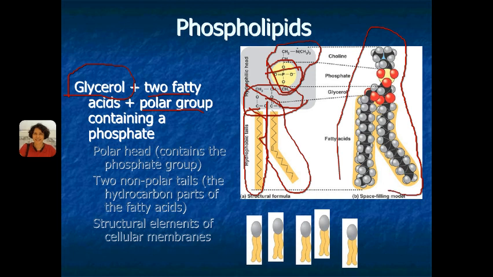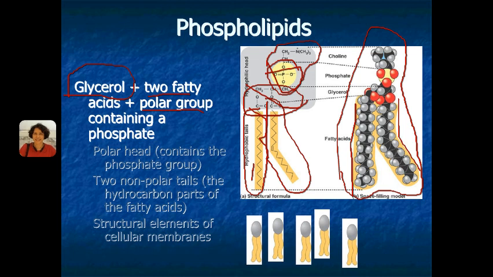Often in phospholipids, you'll see that one of the fatty acids that is attached to the phospholipid is a saturated fatty acid. In other words, the connection between the carbon atoms in the skeleton is single bonds, and it gives you a straight molecule. And then the other fatty acid tends to be an unsaturated fatty acid with one or more double bonds.